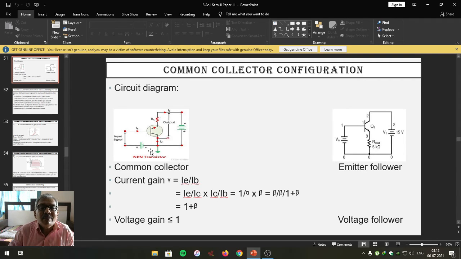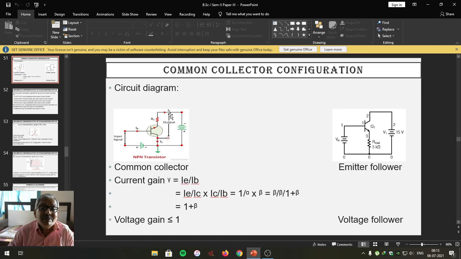Friends, load resistance RC or RL is connected to the emitter and ground, and output is taken across that particular emitter resistance. In general, output is taken across emitter.